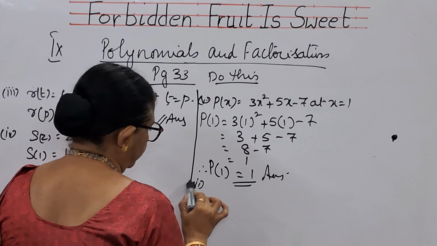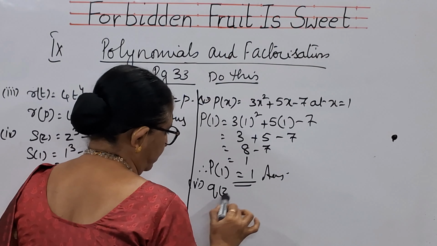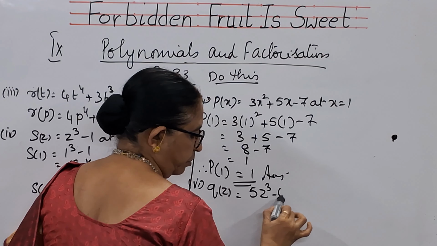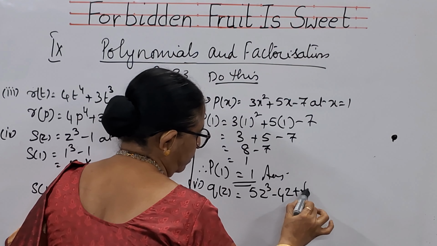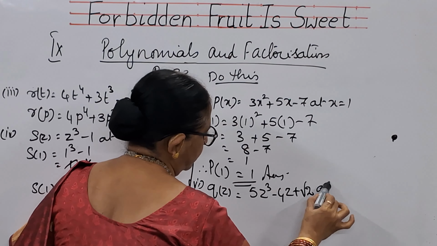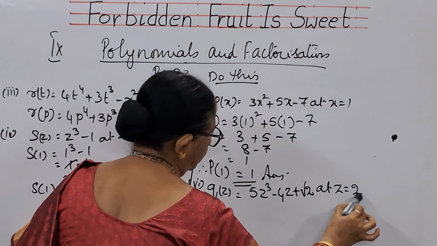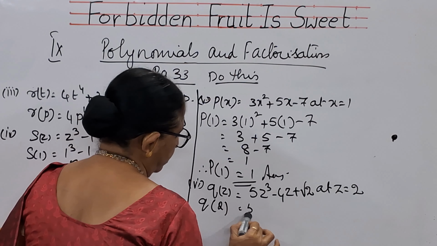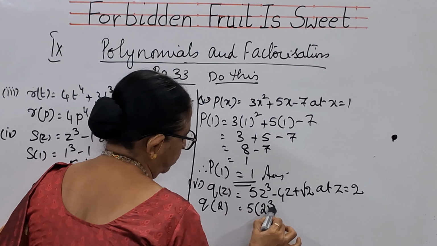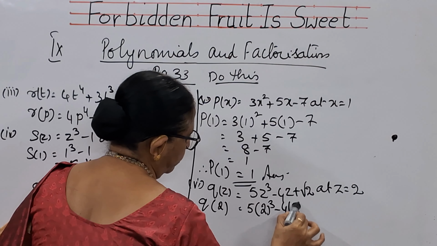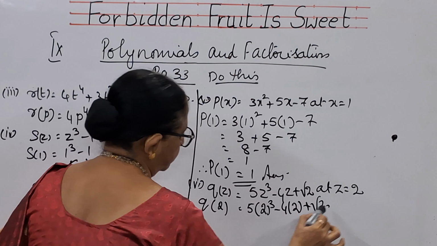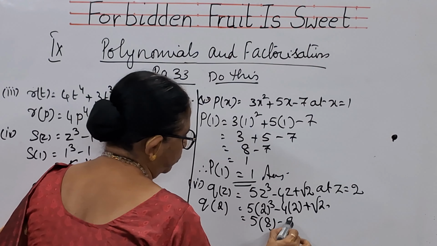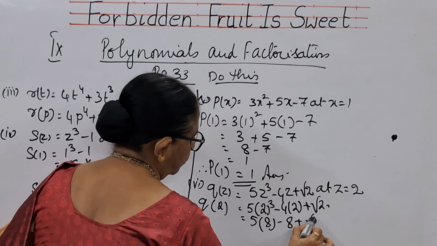Sixth bit, Q of z is equal to 5z cube minus 4z plus root 2 at z is equal to 2. That means Q of 2. 5 into 2 cube minus 4 into 2 plus root 2. 5 into 2 cube is 8, 5 times 8 is 40, minus 4 twos are 8, plus root 2.